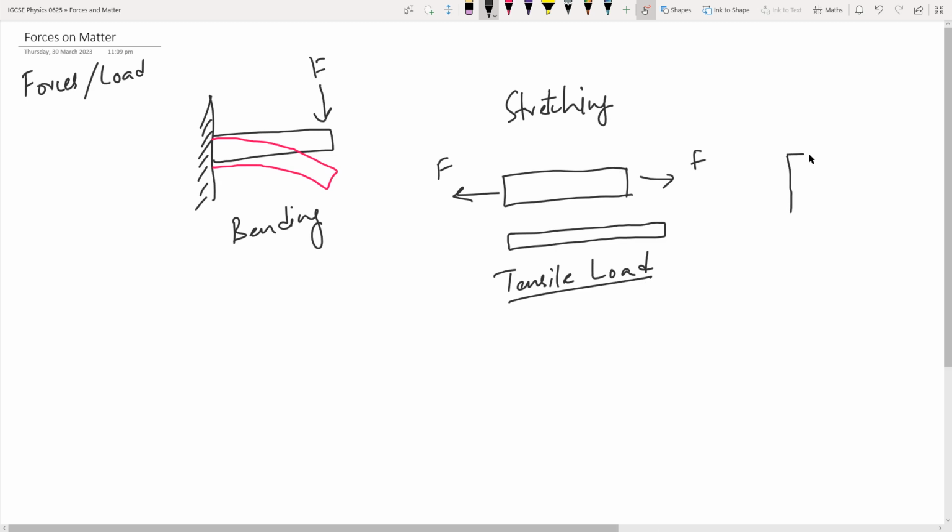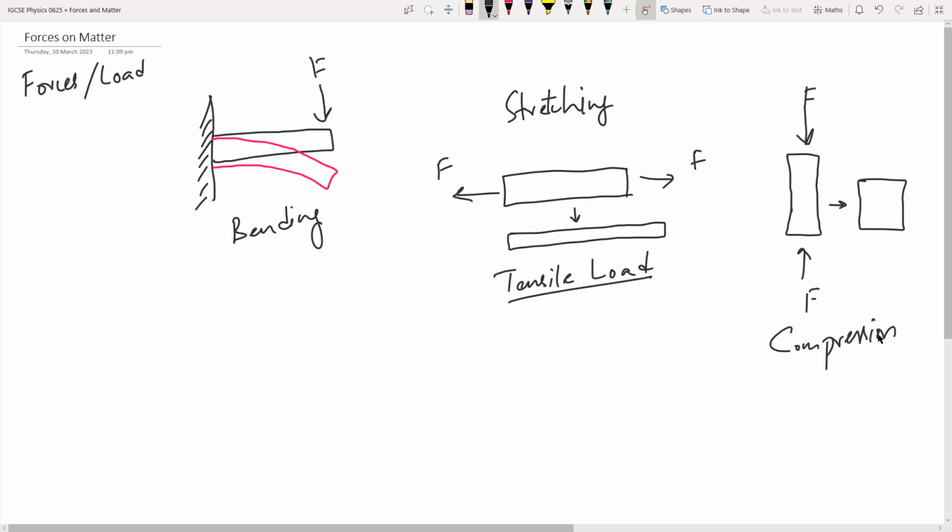For example, I have another piece, and I apply forces in the opposite direction to the tensile load, and we would find that the object is now compressed. It's widened out, the cross-sectional area increases, and it is reduced in height. This is what we call compression, right?